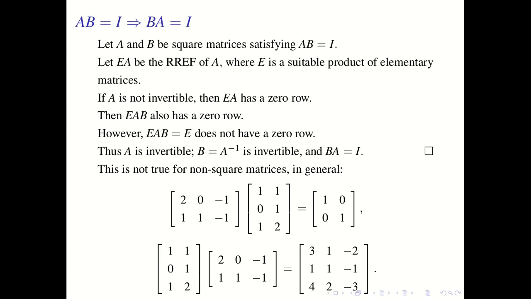If A is not invertible, then EA has a 0 row, but then that will imply EAB has a 0 row, but that is not true. We know that E cannot have a 0 row. So therefore A is invertible. So that means B equal to A inverse is invertible, and BA is equal to identity.